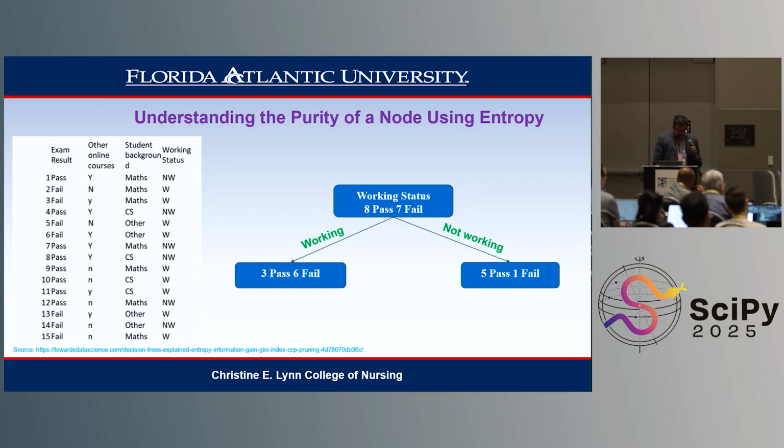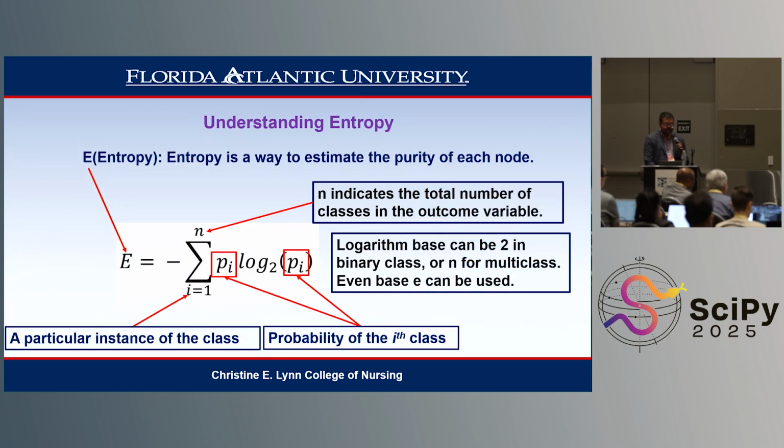Your objective is to explain whether the student is going to pass or fail, and they have different other attributes: whether the student has a mathematics background, computer science background, or other background, whether the student is enrolled in other online classes, and whether the student is a working or non-working student.